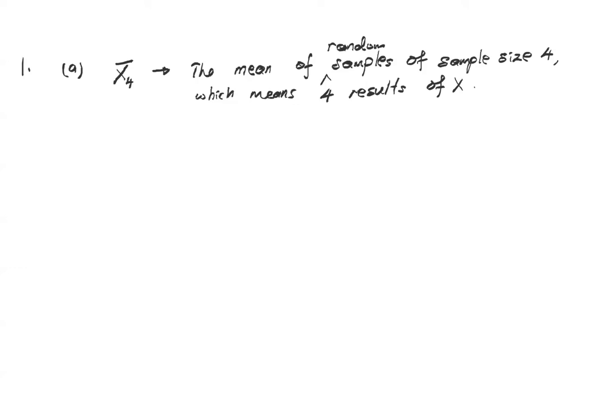And what do you mean by random sample? Can someone tell me? When you say random, that means there's no specific order. Random sample means every one in the population has an equal chance to be selected as part of a sample. That is called a random sample.